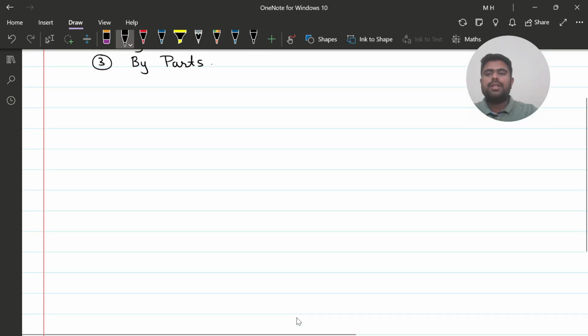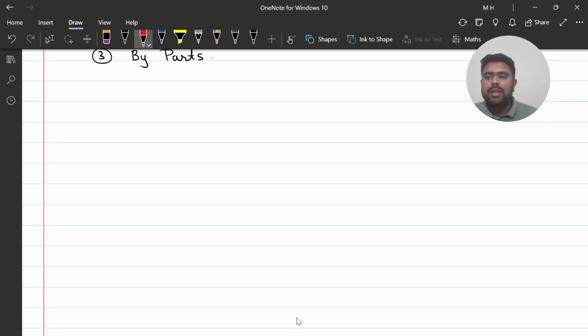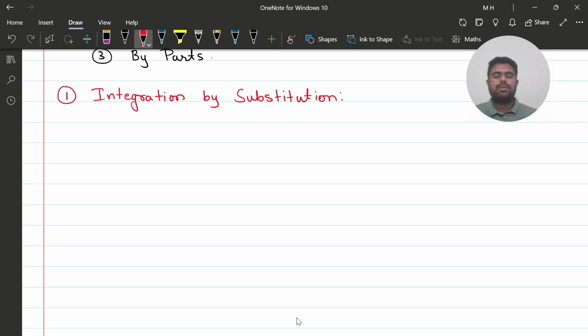Without any further delay, we will start with the first method, that is integration by substitution. Now, before beginning with integration by substitution, I would like to introduce you to just how to evaluate the differentials.